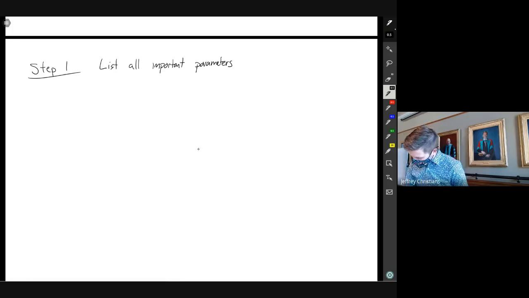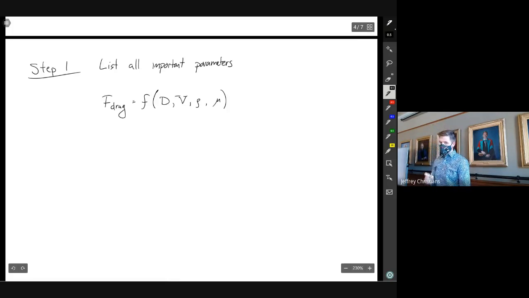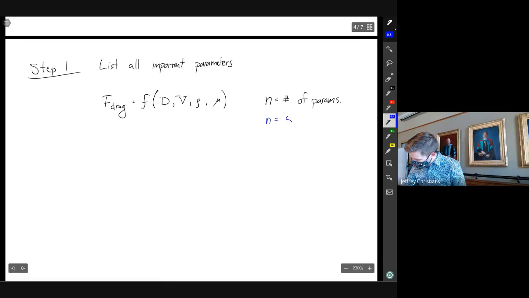We have F drag, which is a function of d, v, rho, mu. So how many parameters do we have? These are all our parameters. N equals the number of parameters. N equals 5. 5 total parameters.